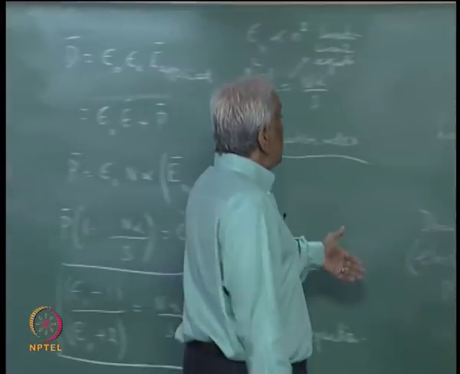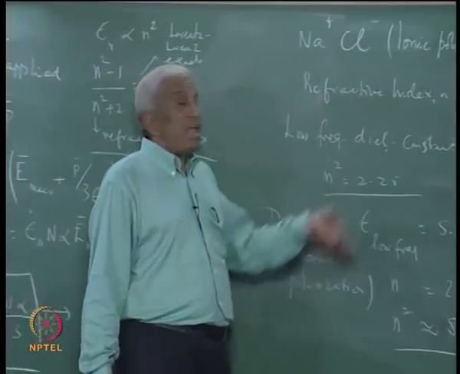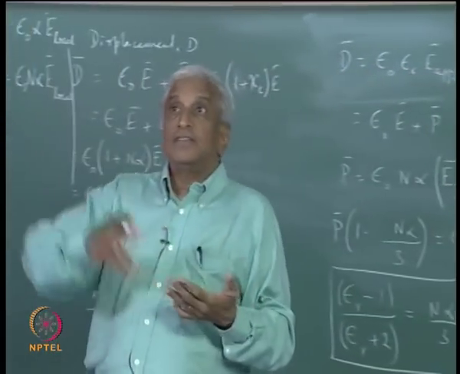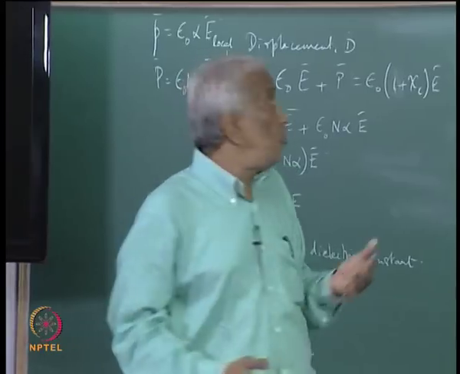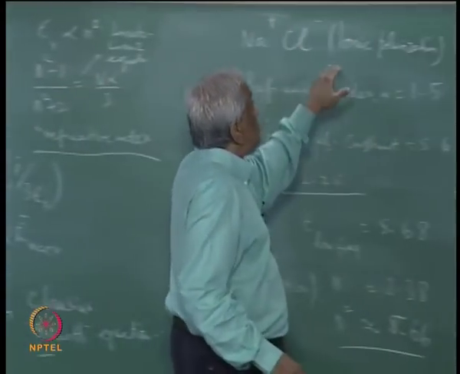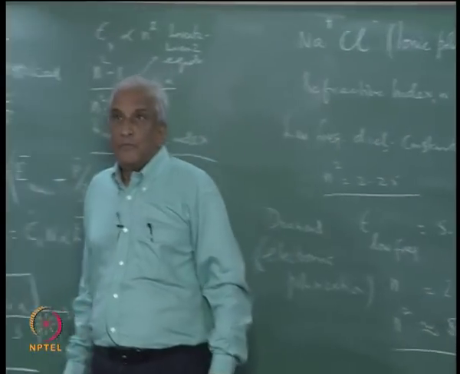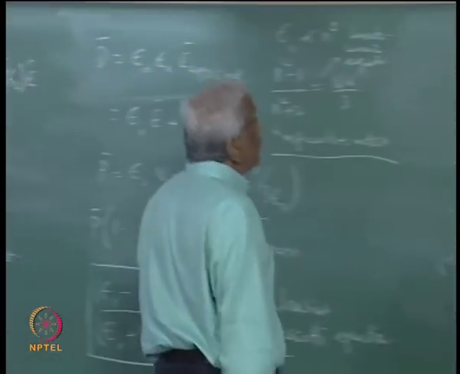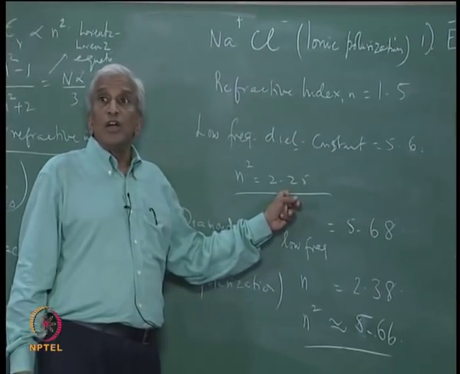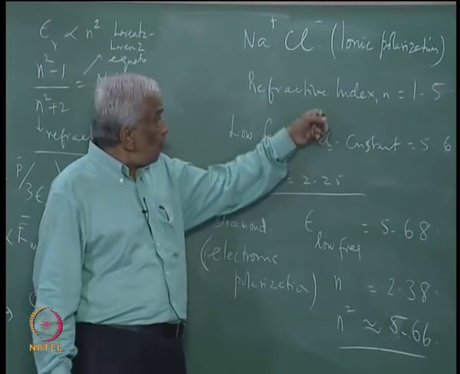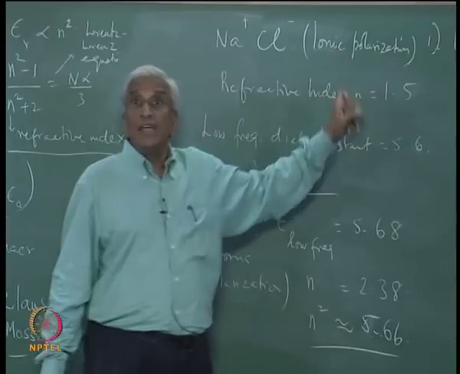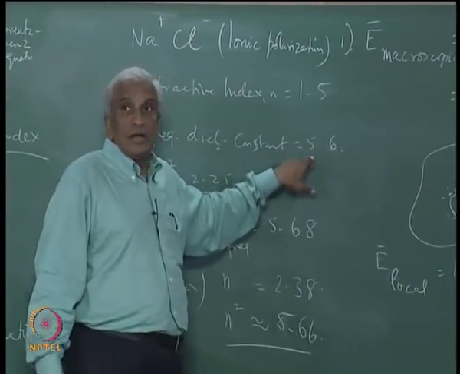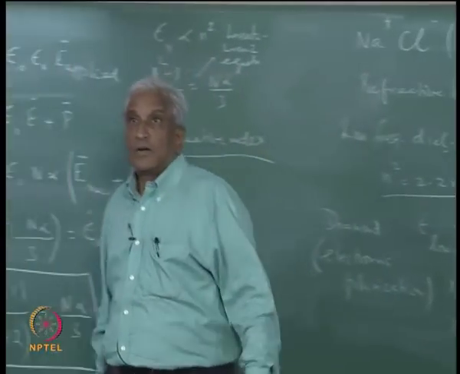When both are simultaneously present, the ions being massive are not able to follow the frequency variations at high frequencies. Therefore, the ionic polarization drops out, decreases as the frequency increases. So, at high frequencies the electronic contribution alone remains, whereas at low frequencies both the ionic and electronic contributions give rise to a large static dielectric constant.